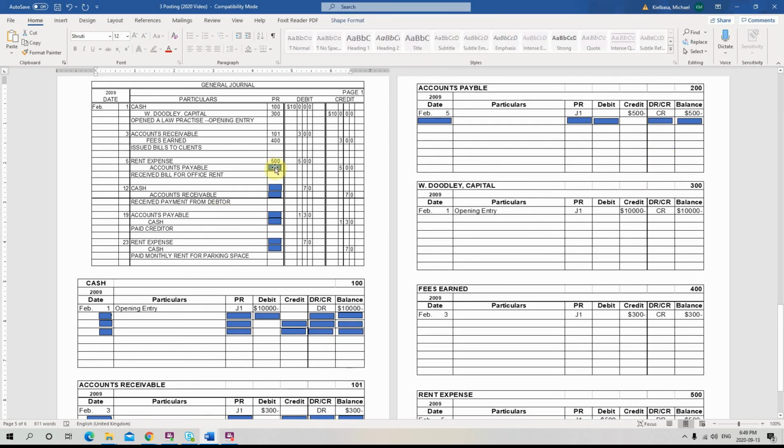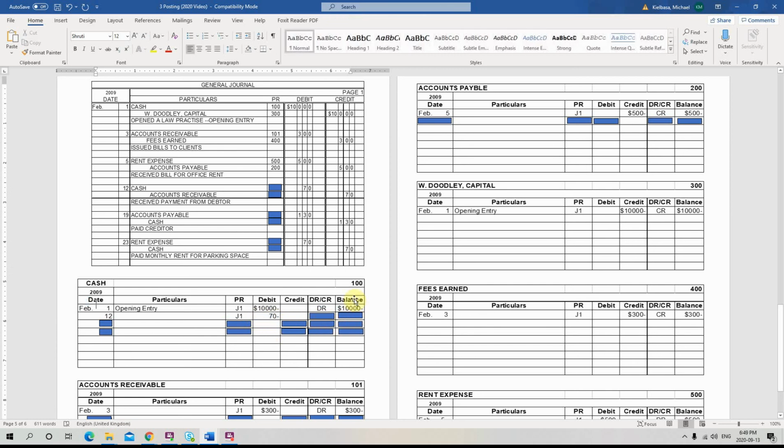All right. So pay attention to the next one. Next one is cash is debited for $70 on the 12th. So we're going to record that entry, J1, $70.